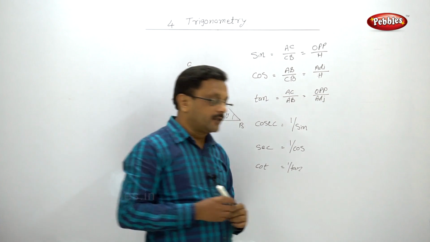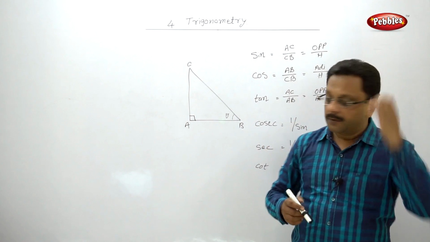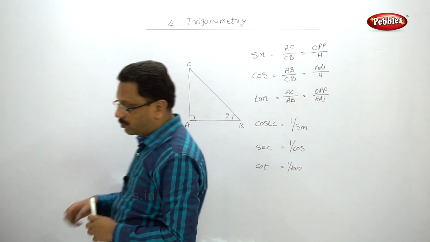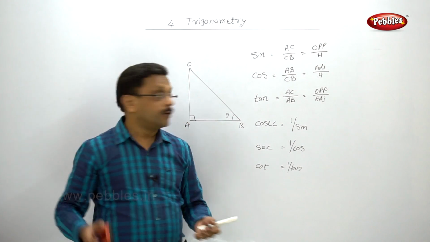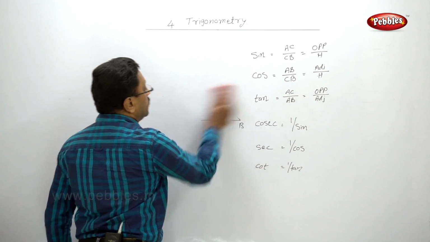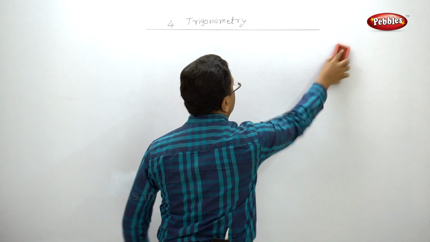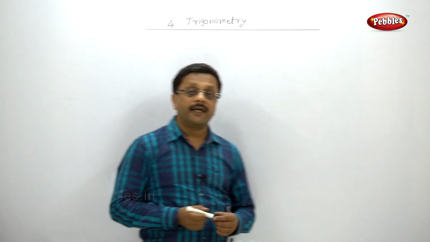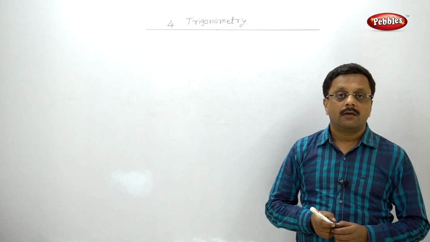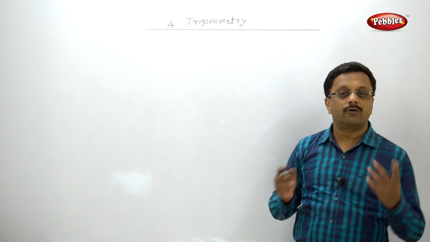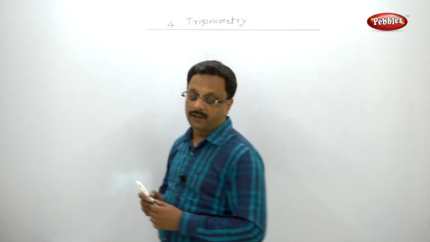Now whenever you are solving problems, you will be required to find out the values of sine theta, cos theta, tan theta when the angles are given as 30, 60, 90, 45, 0. There is a big table in your book. No need to learn the table by heart. Not at all required.